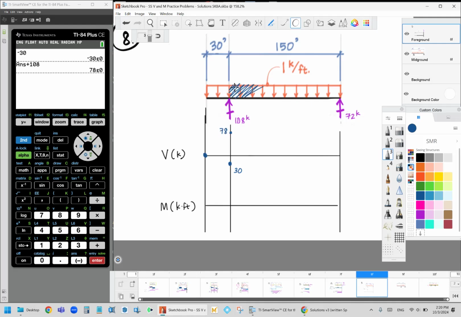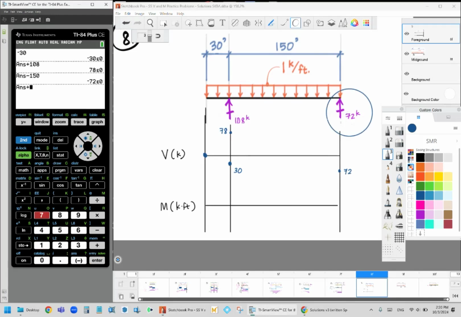Now I decrease by 1 kip per foot times 150. That lands me at negative 72. And lastly, increase by 72 to get back to 0.